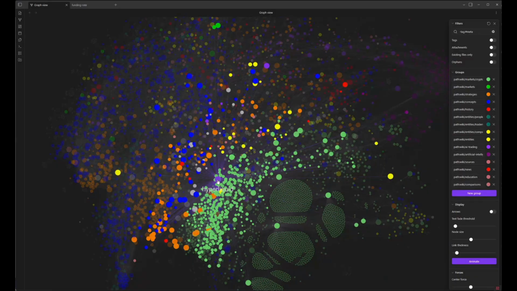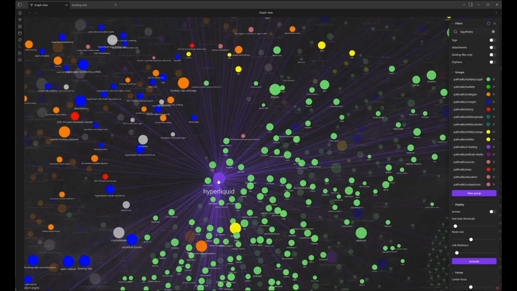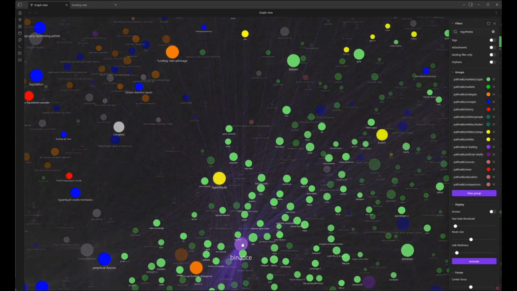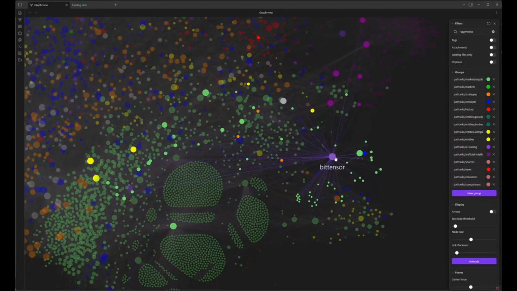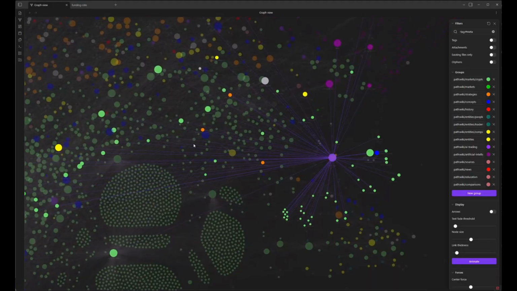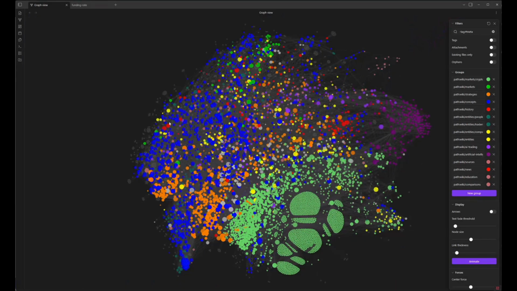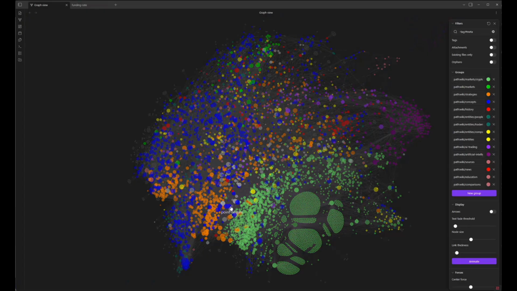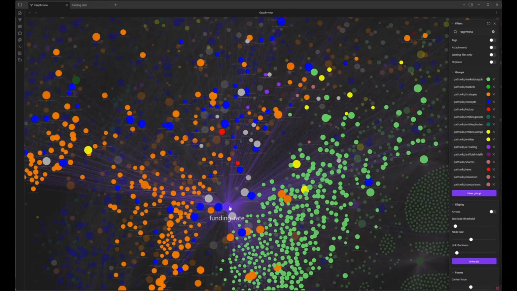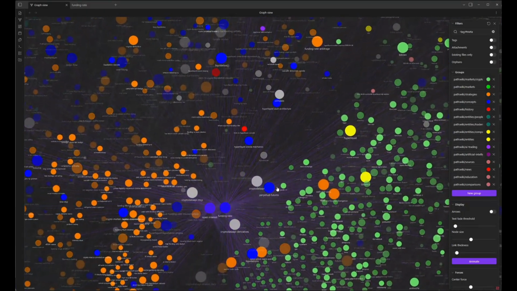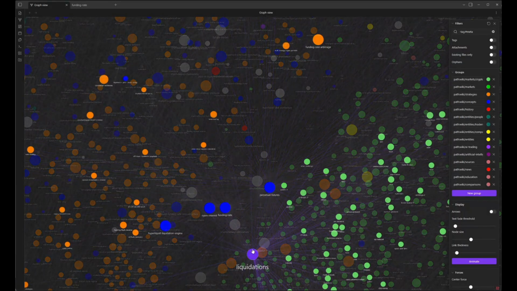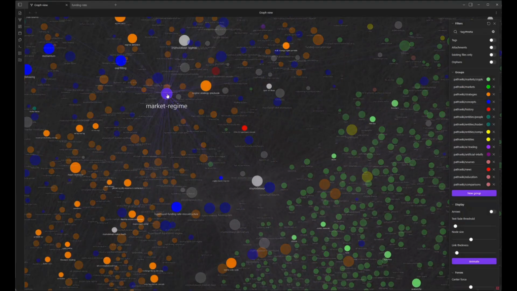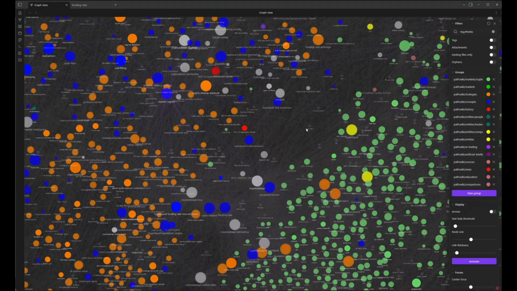The exchanges are in yellow, so we can see there's Hyperliquid, there's Binance, there's Kraken, there's BitTensor. The concepts are in blue, so we can see there is funding rate, open interest, perpetual futures, liquidations, market regimes, and a lot more.